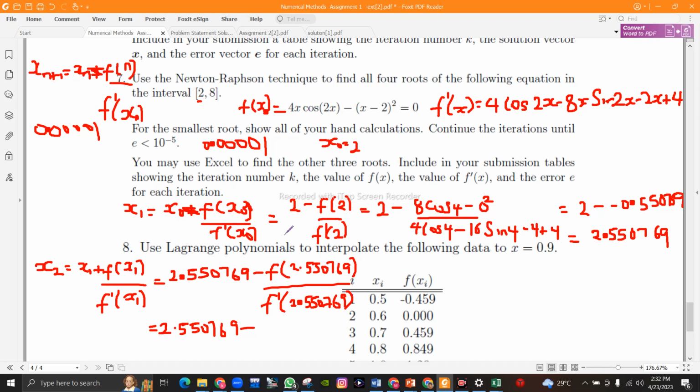I'm going back to the f prime now, which is this. That's 4 cos 2 times shift answer, 2 times shift answer minus 8 times answer minus 8 answer sine 2 shift answer minus 2 shift answer plus 4, close brackets.